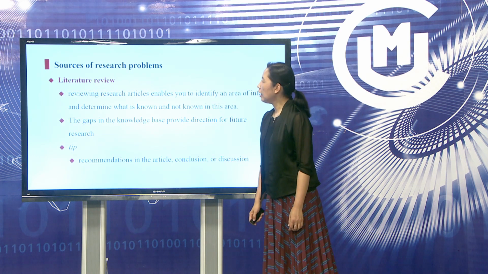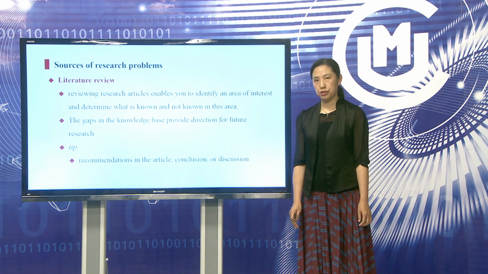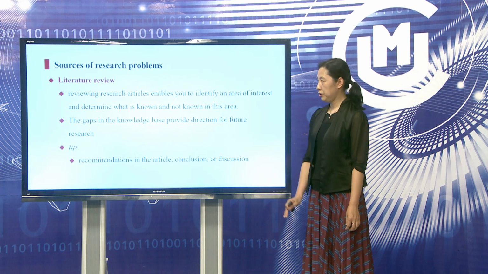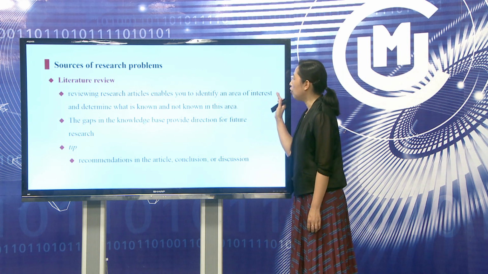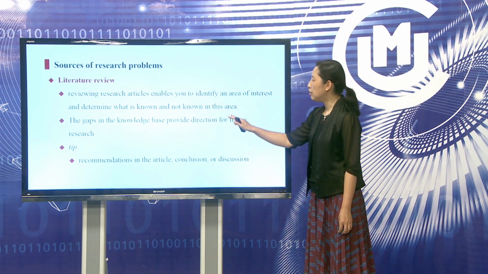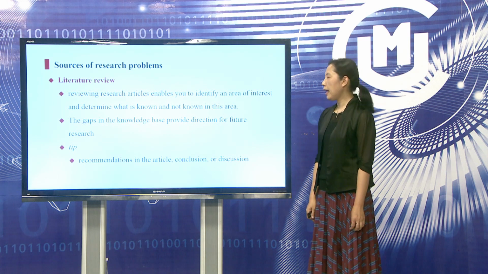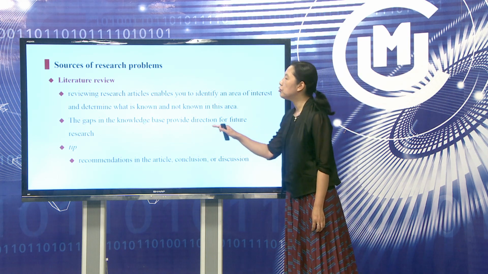And then another way is literature review. When you read and review the literature, it enables you to identify an area of interest and determine what is known and not known in this area. So the gaps in this knowledge base provide direction for future research.